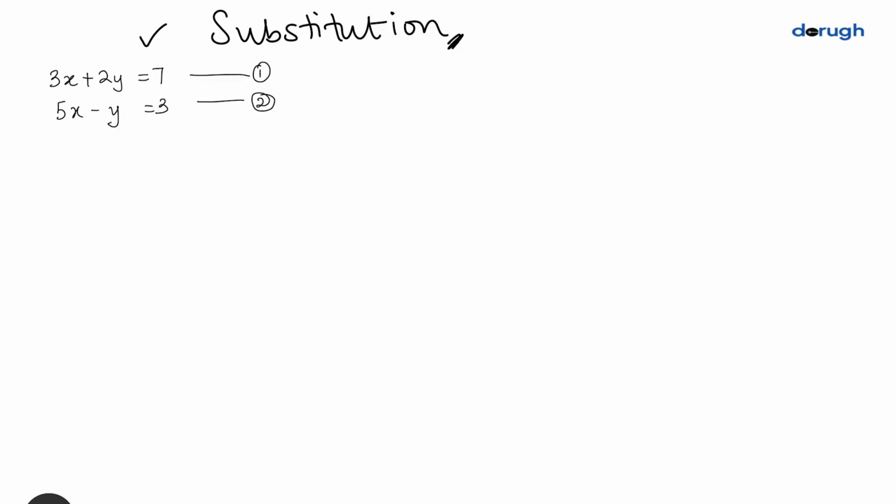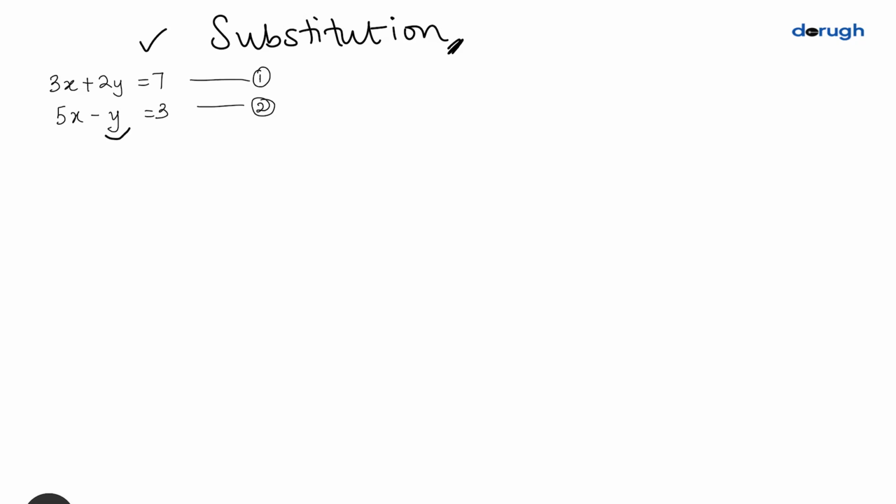For the substitution method, this is the first thing we do. Since we have one of the variables without any coefficient, which is this one here, we are going to make y the subject of the second equation.